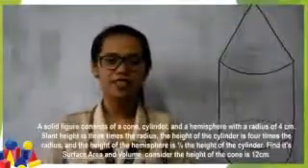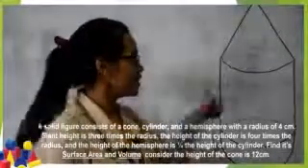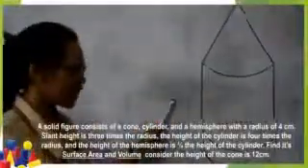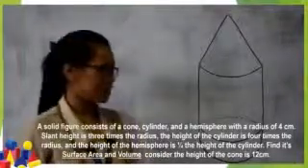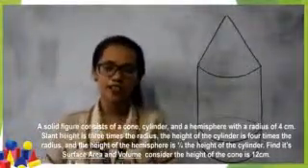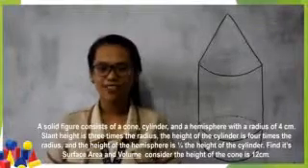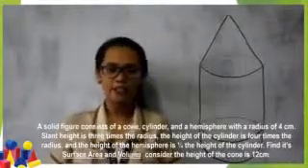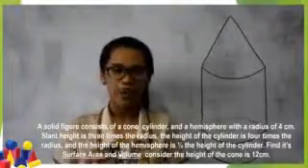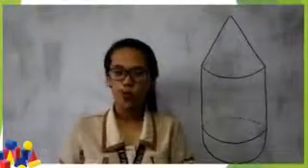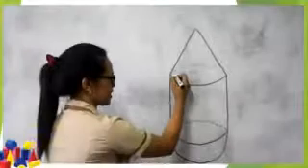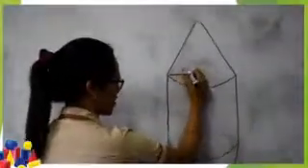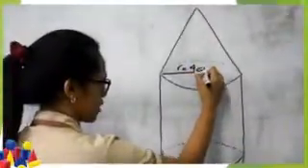Let's cite an example. In the problem, a solid figure consists of a cone, a cylinder, and a hemisphere, which is half of a sphere. We are asked to find its surface area and the volume. But let us find the surface area first. In the first figure, the radius is 4 centimeters.